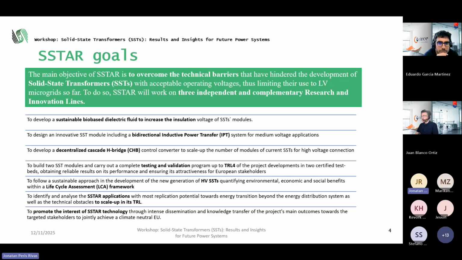These innovations will pave the way toward a new generation of high voltage solid state transformers suitable for commercial use. In fact, the TRL for this project will be TRL 4, but our main objective is to make an initial research in order to solve those technical barriers until getting to these kinds of commercial uses.